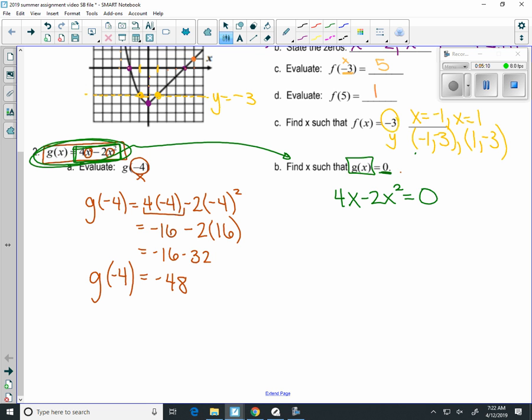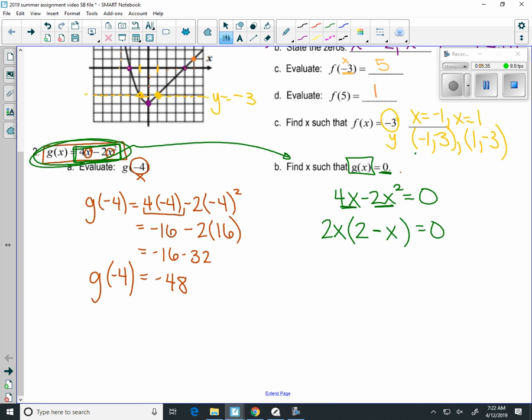The nice thing about that is that it's set equal to 0, so now you can factor and solve. We don't have a trinomial, so we're just going to factor out a GCF. 4 and 2 have 2 in common. x and x squared have x in common. My first term is just going to have a 2 left over. My second term is just going to have an x left over.